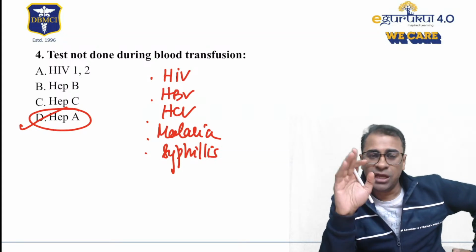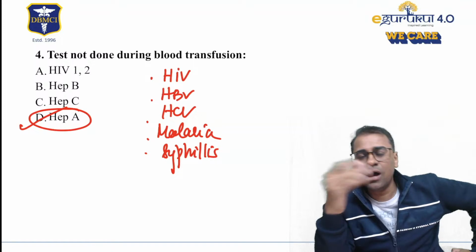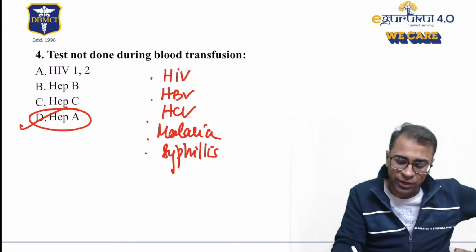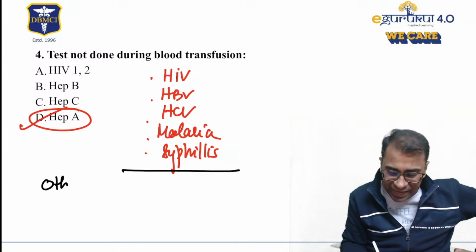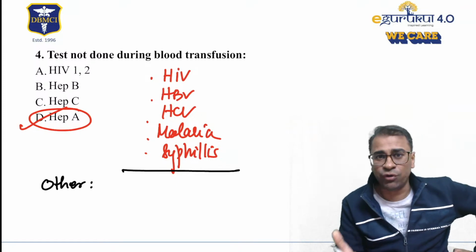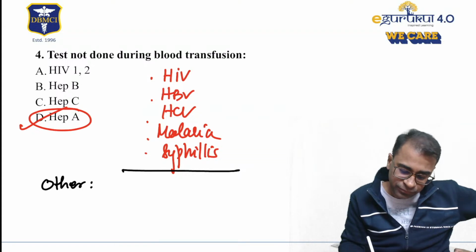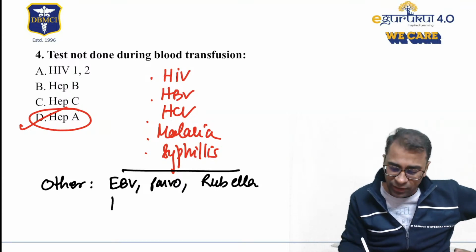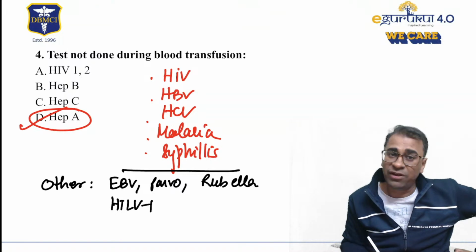Others we can't test. But does it mean only these are actually transmitted? No. Apart from this, do remember that others which can transmit but we don't test for are Epstein-Barr virus, parvovirus, rubella, and importantly HTLV1, ये मत भूलना, very important.